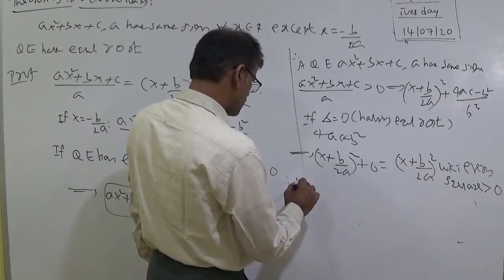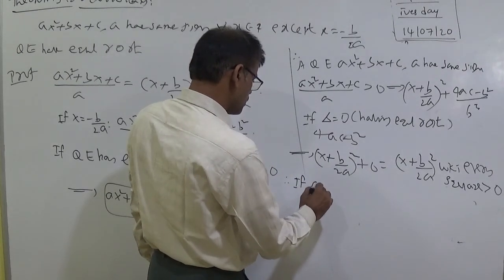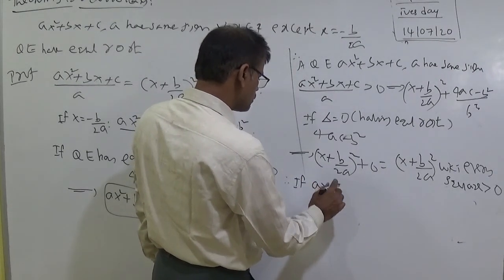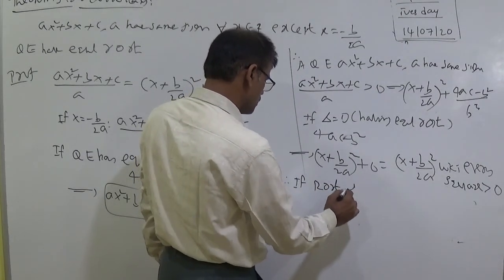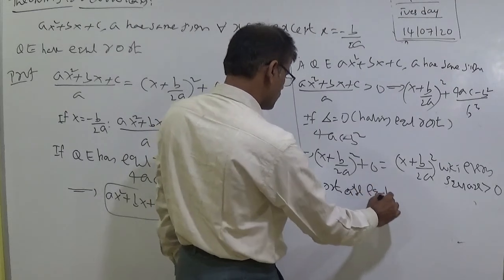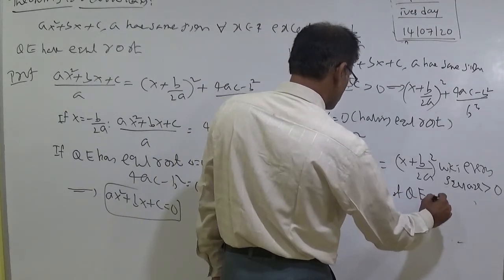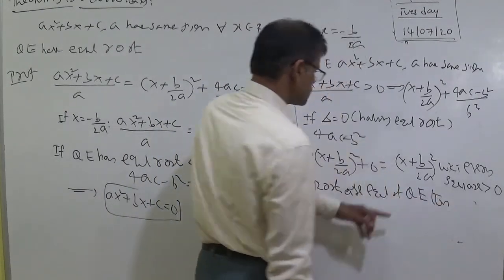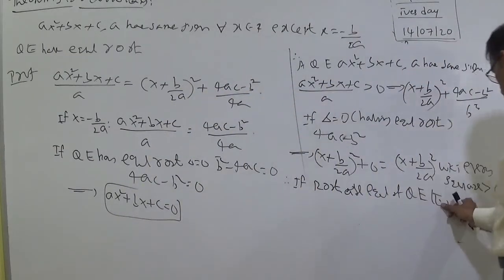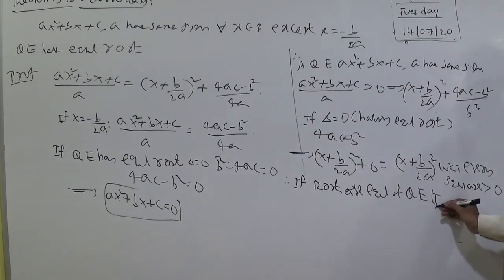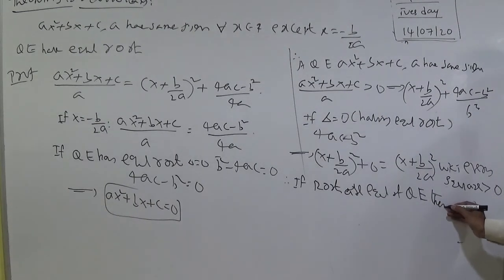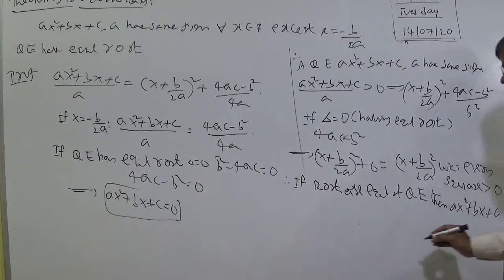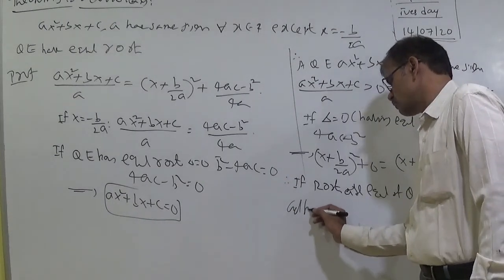Therefore, or hence, if the roots of the QE are equal, then because this should be greater than 0, you can say properly that ax square plus bx plus c and a have the same sign.